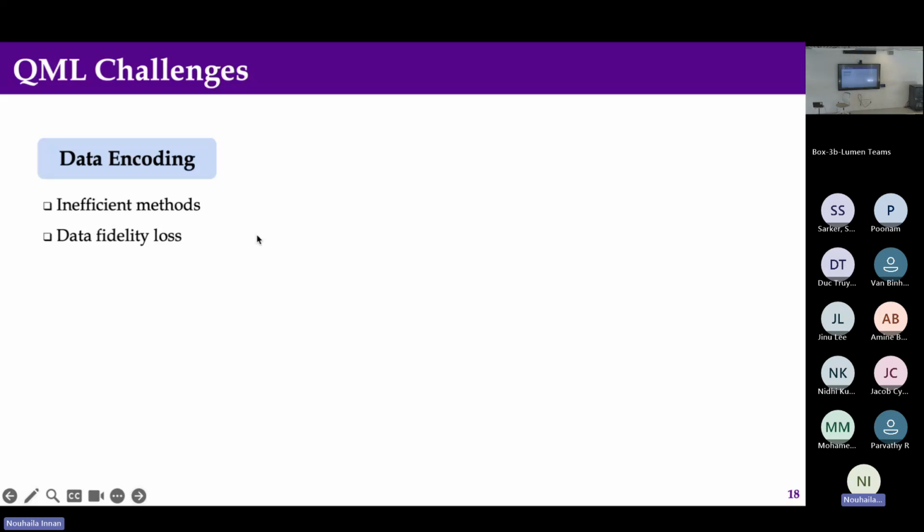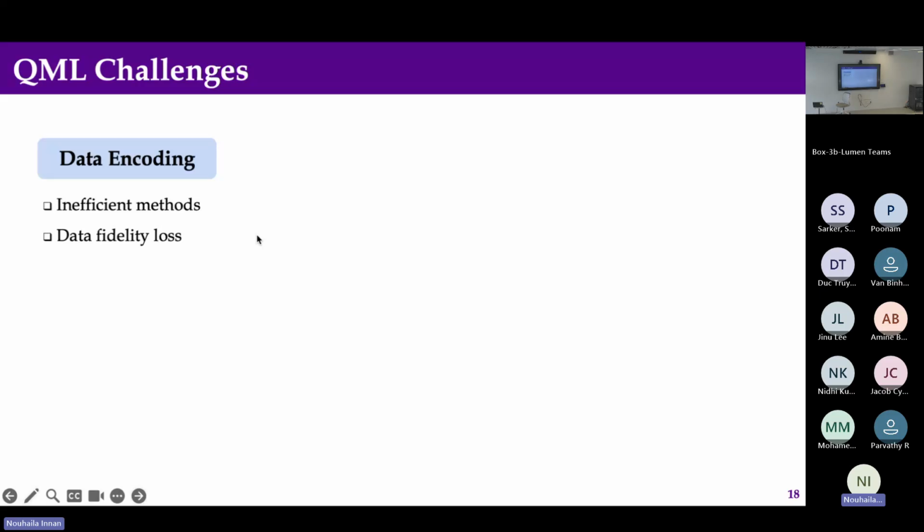One thing to say about them: angle encoding encodes into rotation angles. It means that if you have n features, it will use n qubits. Okay, this is the first information. Whereas amplitude encoding uses log base 2 of n qubits for n features, that is, 2 to the power of the number of qubits equals the number of features.